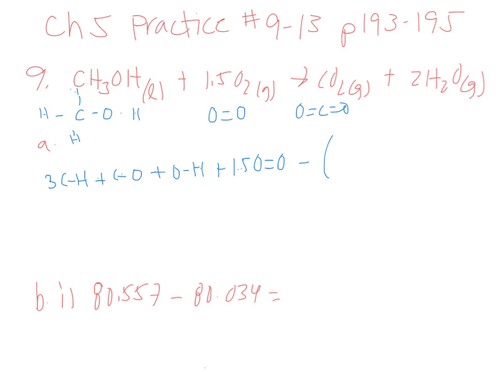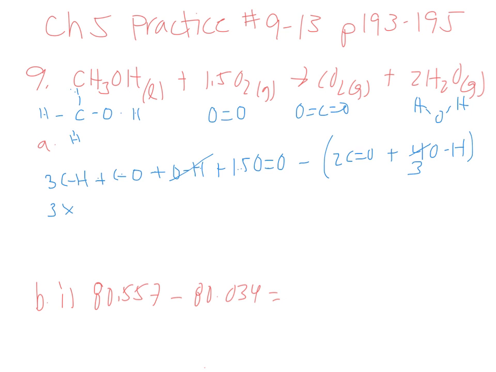CO2 is 2 C=O double bonds. And H2O, each water has 2 O-H bonds, so that's a total of 4 O-H bonds. And the only thing I can cancel here is 1 O-H bond can cancel from the left to the right. Otherwise, I just have to find my numbers and plug them in.